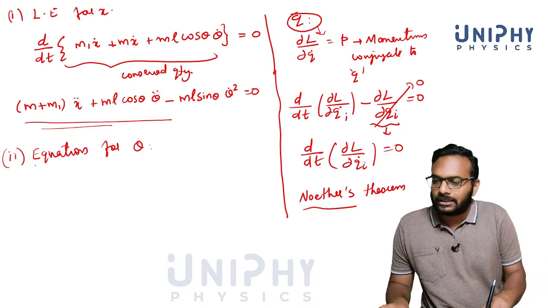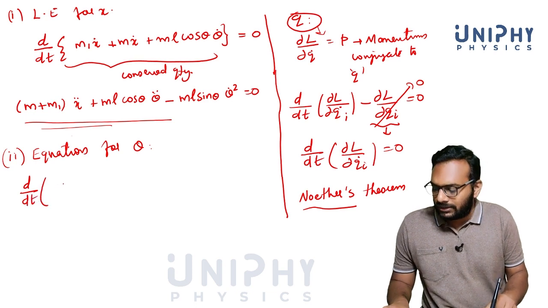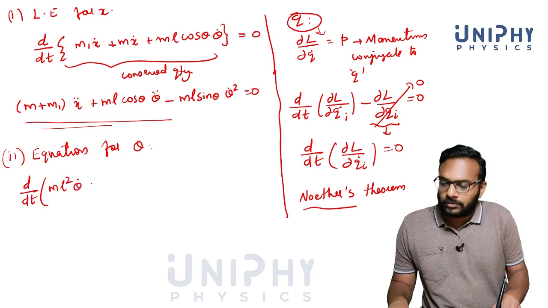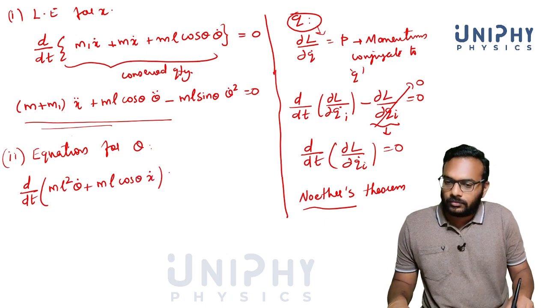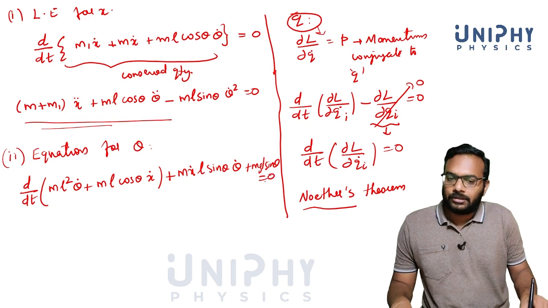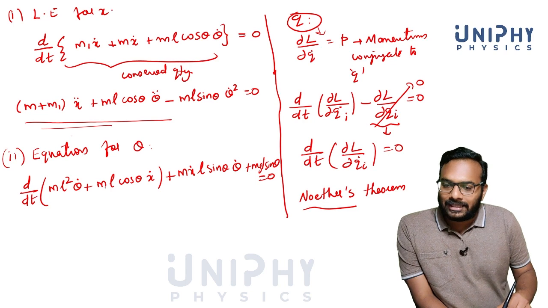All right. So you can check this equation becomes dou L, if you take dou L by dou theta dot and take d by dt of it, you say d by dt of ml square theta dot plus ml cos theta x dot, plus mx dot L sin theta theta dot plus mg L sin theta is equal to 0. And now if you take the derivative here, you will see that you will get another minus mx dot.